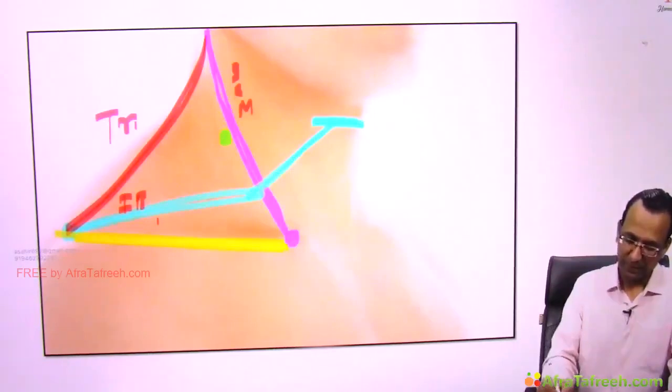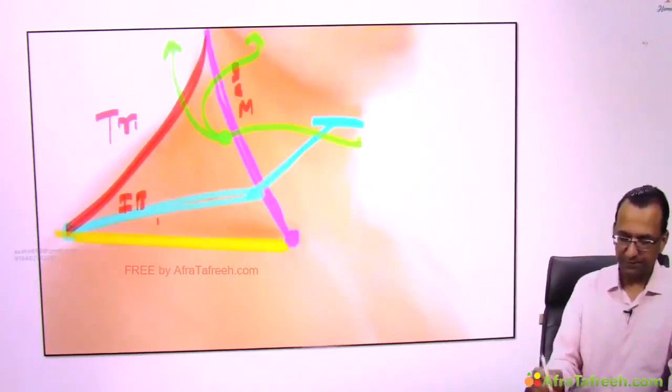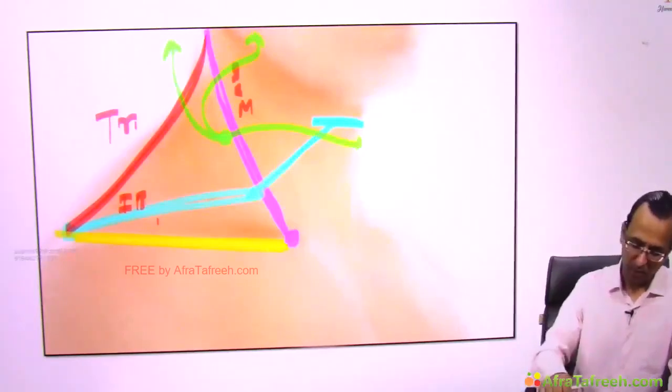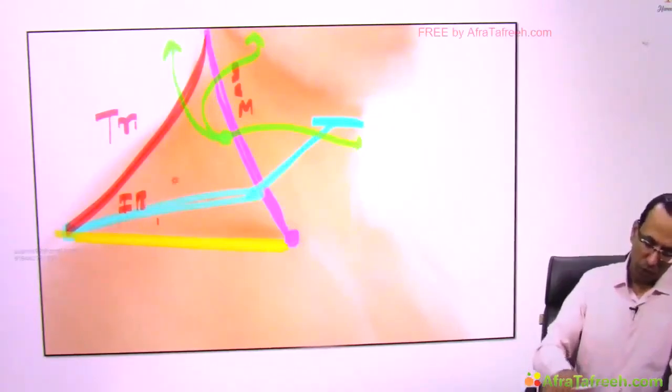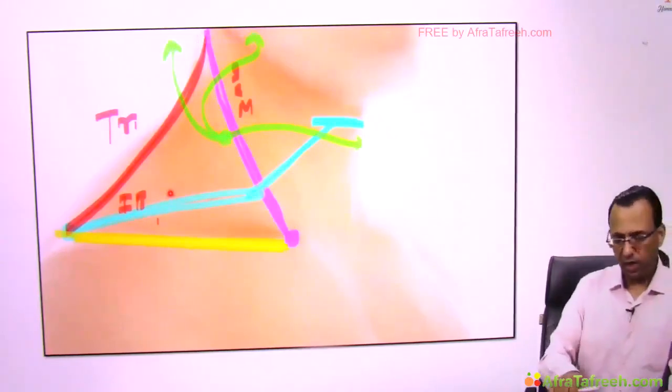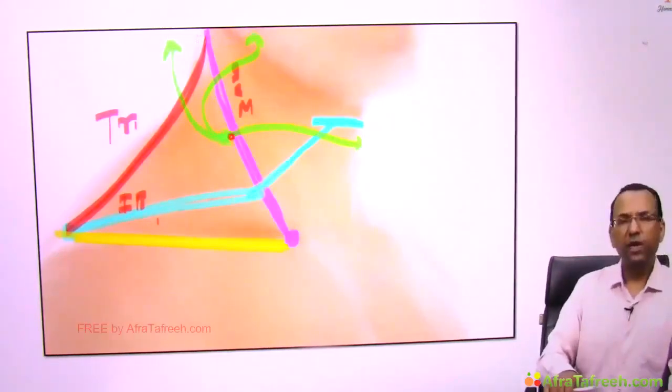Branches like greater auricular nerve, lesser occipital nerve, transverse cervical nerve of neck, and the supraclavicular nerve coming down, that you can block, in the occipital triangle, at the midpoint of the posterior border of sternomastoid.